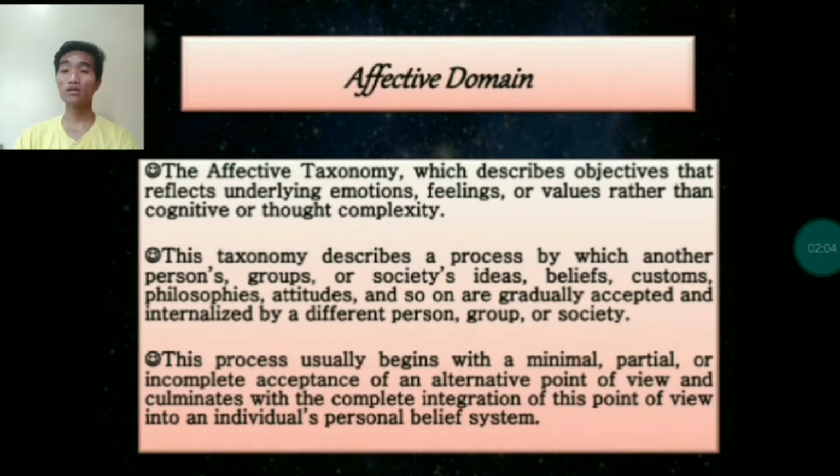The process usually begins with a minimal, partial, or incomplete acceptance of alternative points of view, and culminates with the complete integration of this point of view into the individual's personal belief system.